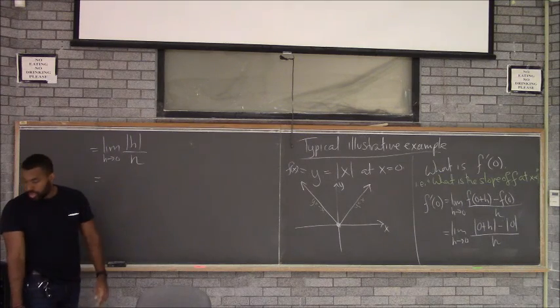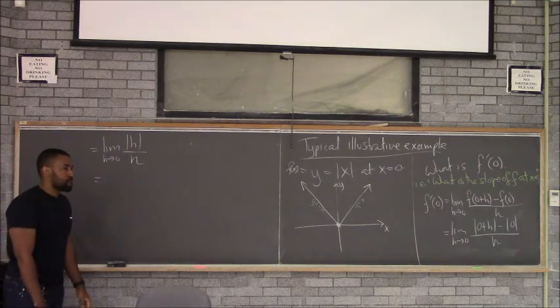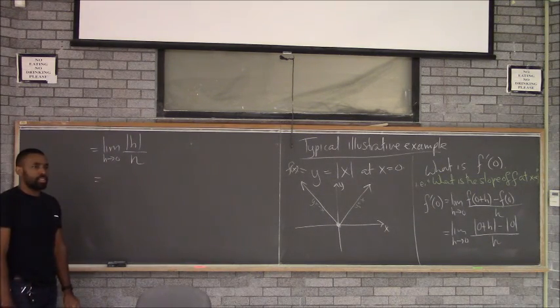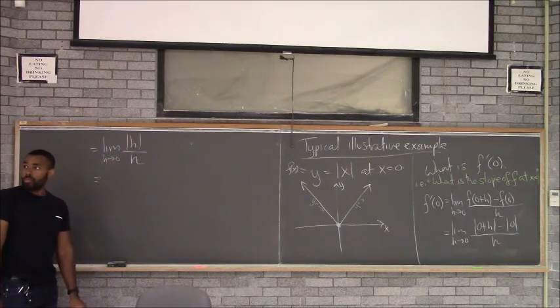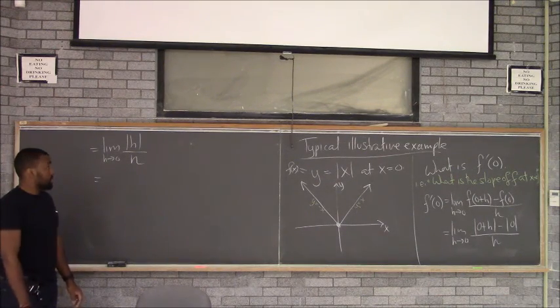I've actually discussed very similar limits before. In fact, I think I discussed this exact one before. What happened with this guy? What is the limit as h approaches 0? What? It does not exist.